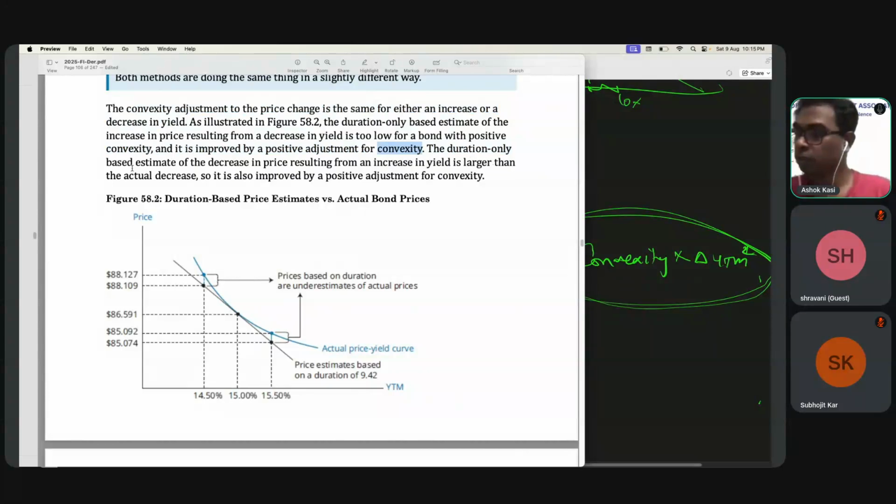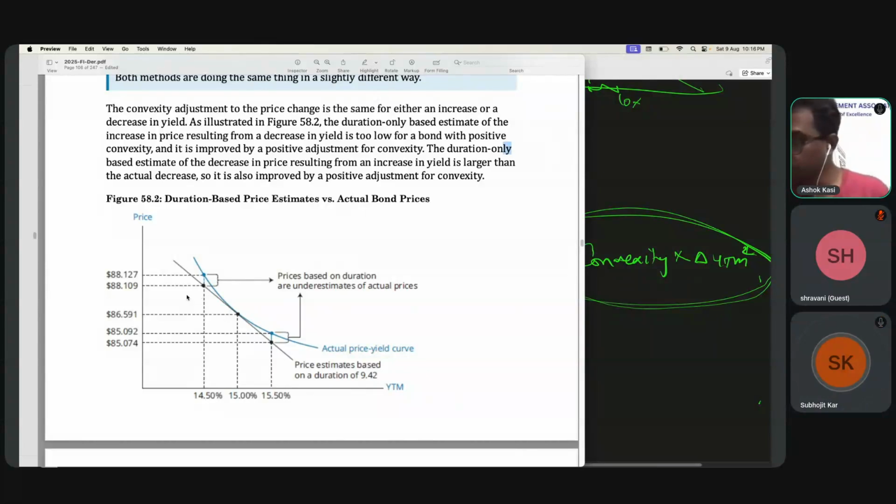The duration only means only duration we are thinking without convexity. The duration only based estimate of the decrease in price resulting from an increase in yield is larger. So the convexity on both the sides is the same, and on both the sides it is benefiting you.